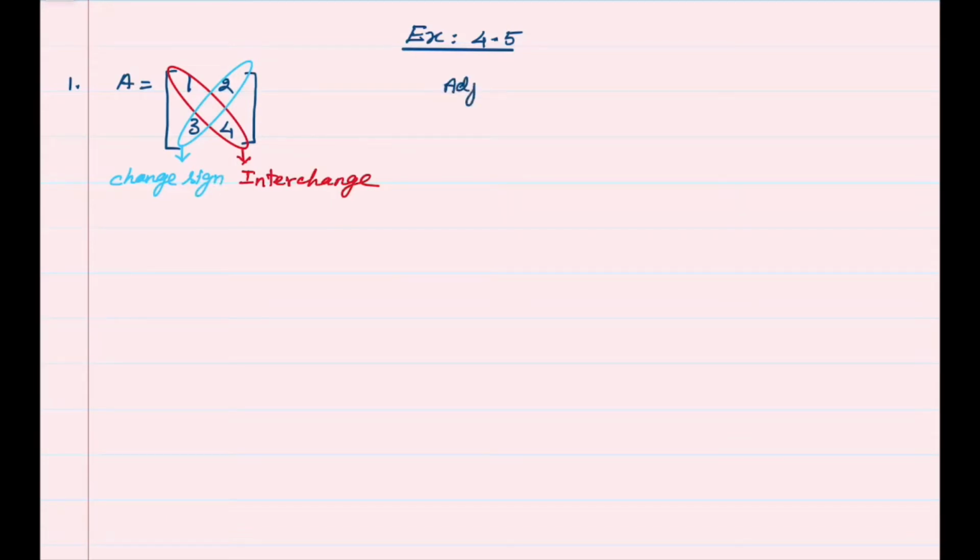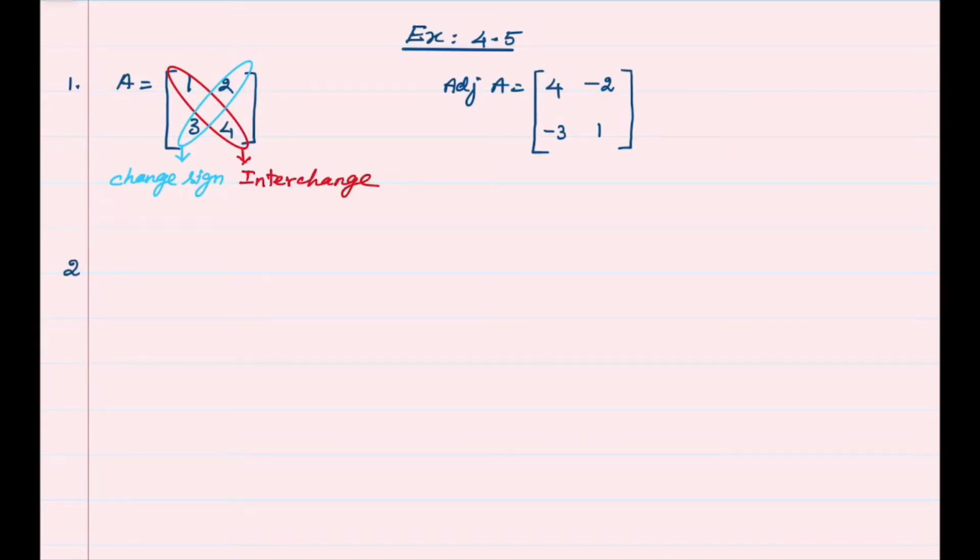Therefore, adjoint of A is 4, 1, interchanging the main diagonal elements, and we have to change only the sign of the other elements. This is the adjoint. No need to transpose this. And this method is applicable only for a 2 by 2 matrix. We cannot use this for a 3 by 3 matrix.